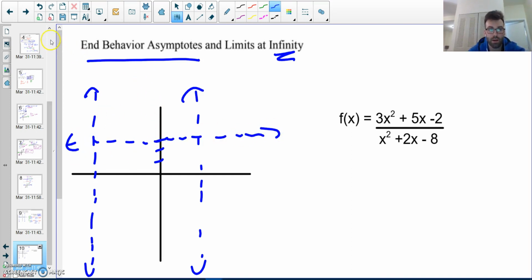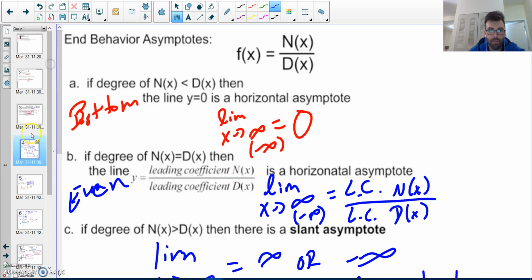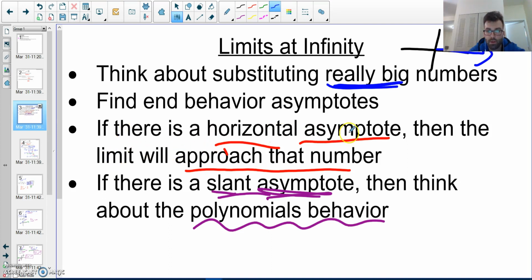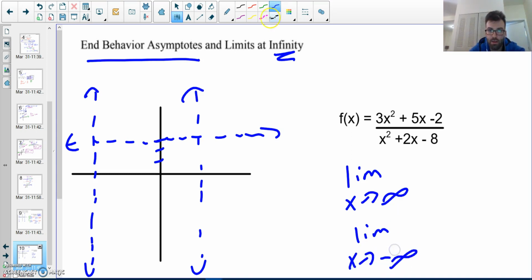When we think about what we talked about earlier, if there's a horizontal asymptote, then the limit will approach that number. Well, let's think about that. As the limit goes to positive infinity, or the limit as x approaches negative infinity, most of the time, I don't like saying all the time, limits at positive and negative infinity can be an actual number.